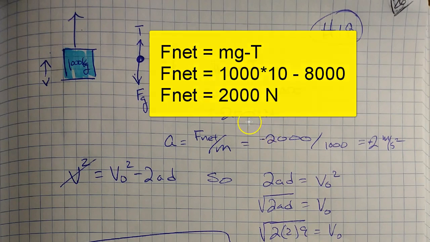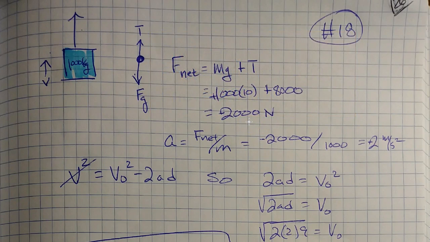Here's the result we need. The net force acting on the elevator is 2,000 newtons. So if we use 2,000 newtons and the net force divided by the mass to find the acceleration, we see that the acceleration is 2 meters per second squared. Please ignore the signs. Then I use the velocity squared equals the initial velocity squared minus 2ad.